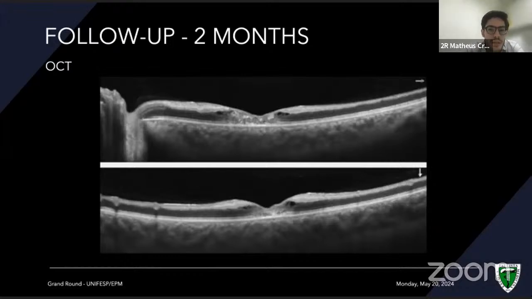We can see the disorganization of inner and outer layers. And we can see these cysts in the parafoveal space that could be degenerative.